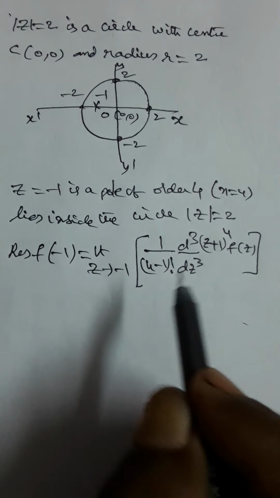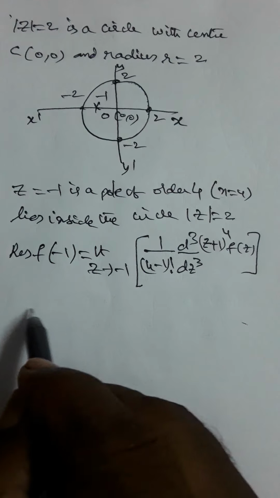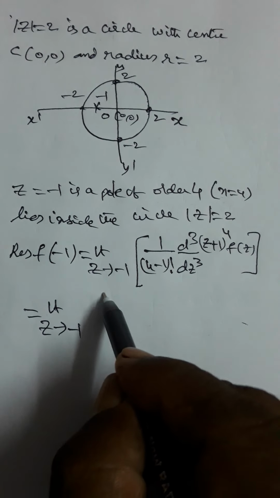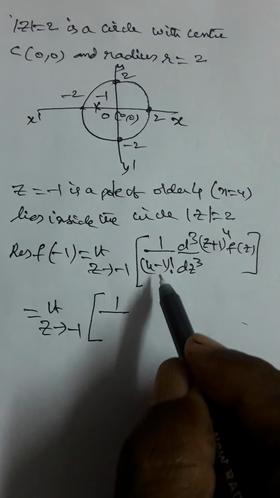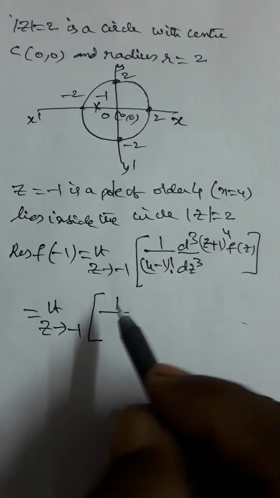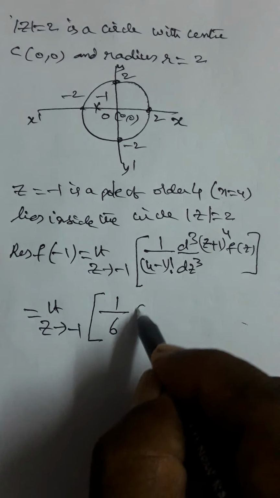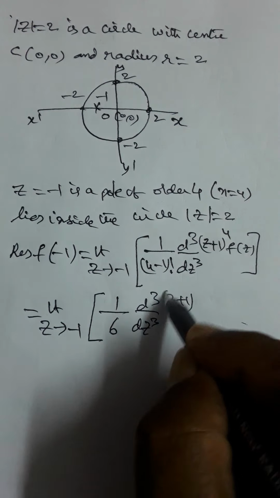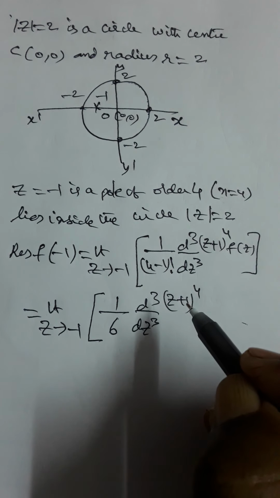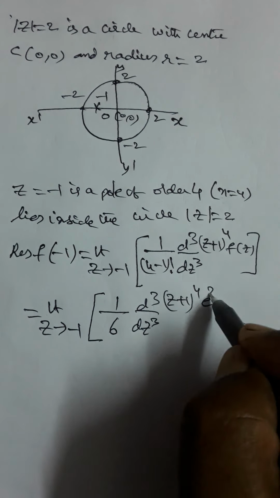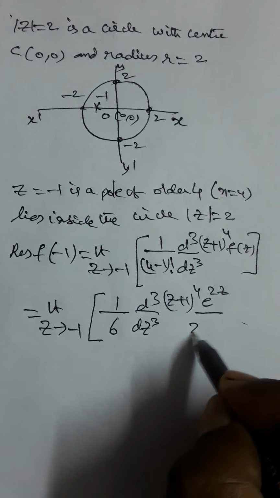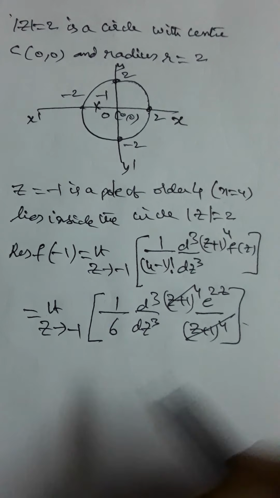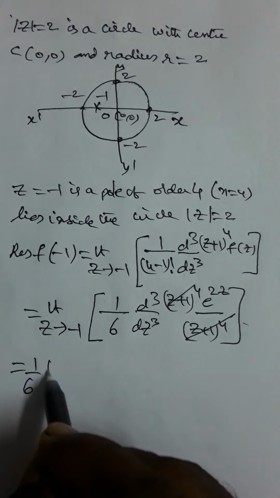This is result 2, the higher order formula. Limit z tends to -1, 1/3!, that is 3 into 2 into 1, 6, d^3/dz^3 of (z+1)^4 times f(z). Here f(z) is e^(2z)/(z+1)^4. Cancel. Common factor 1/6.